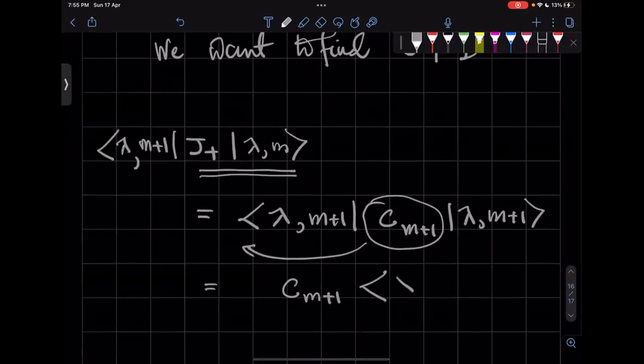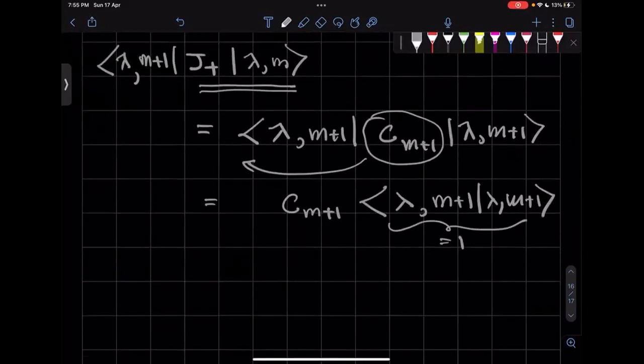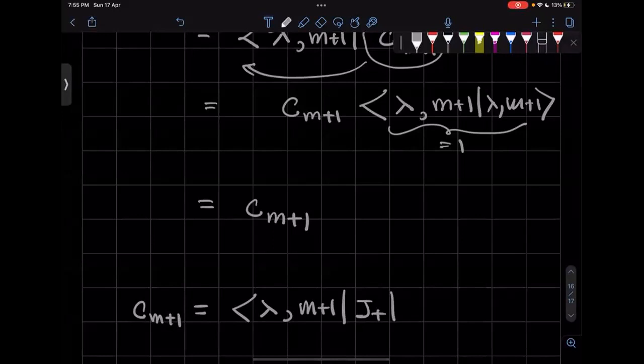And then we have the bra lambda m plus 1 and the ket lambda m plus 1. By orthogonality, this is just 1. So we see that C of m plus 1 is equal to the inner product between lambda m plus 1 and J plus acting on lambda m.